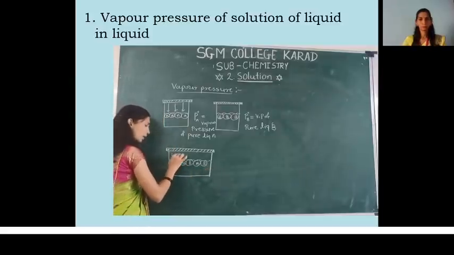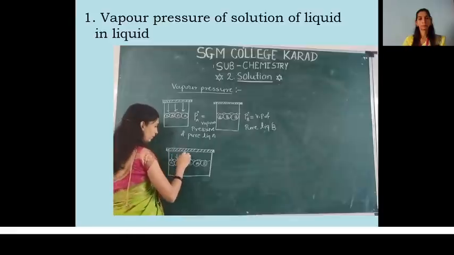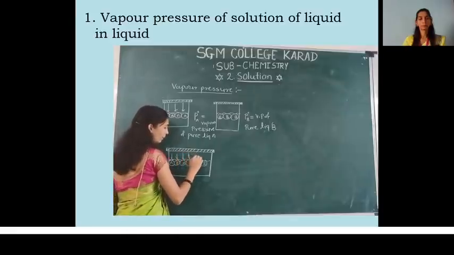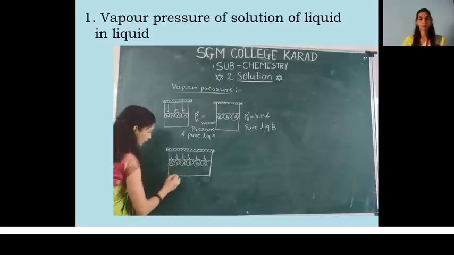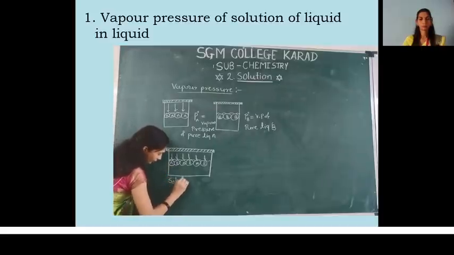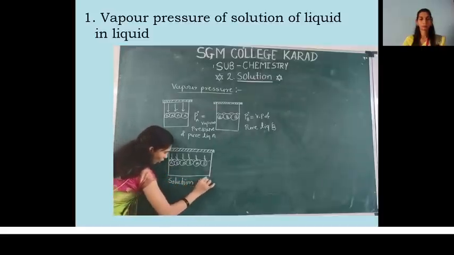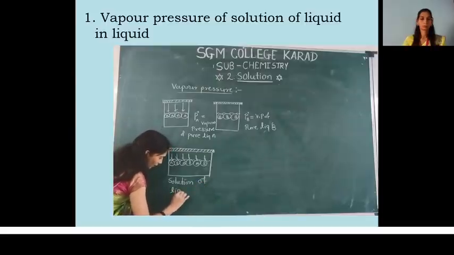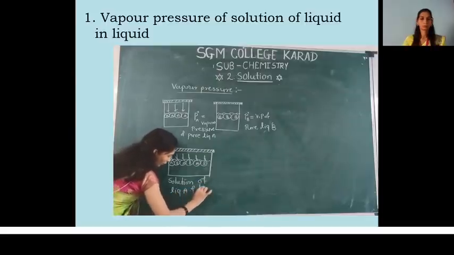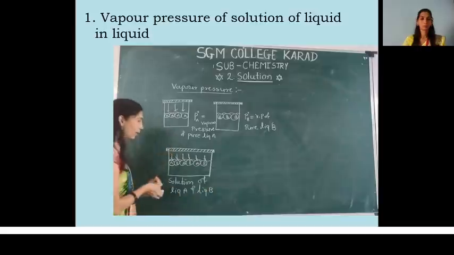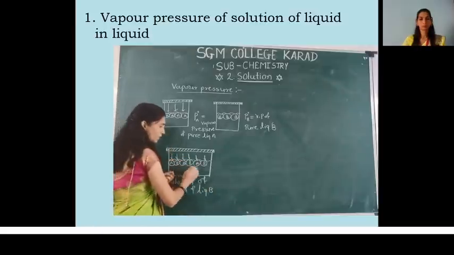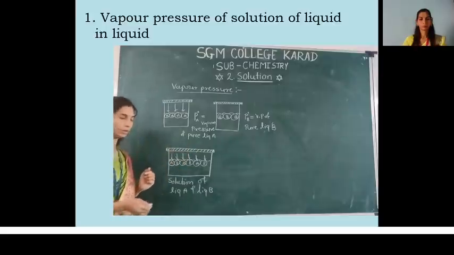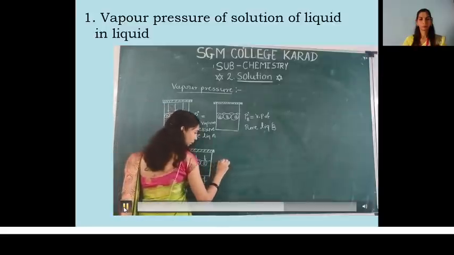A सुद्धा प्रेशर एक्सर्ट करणार आहे. A वरती सुद्धा B वरती सुद्धा प्रत्येकाचं वेपर प्रेशर एक्सर्ट होत असणार आहे. It is a solution of liquid A and liquid B. Liquid A आणि B चं आपण एकत्र सोल्युशन घेतलं. याच्यावरती सुद्धा काहीतरी प्रेशर क्रिएट होत असणार आहे. That is pressure.